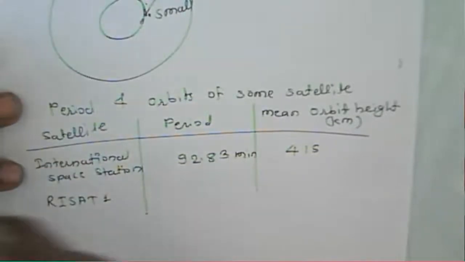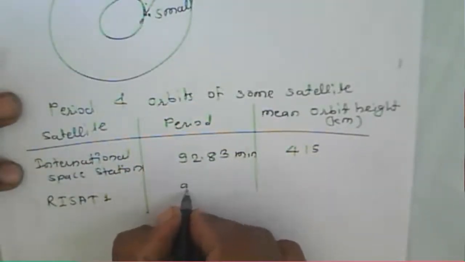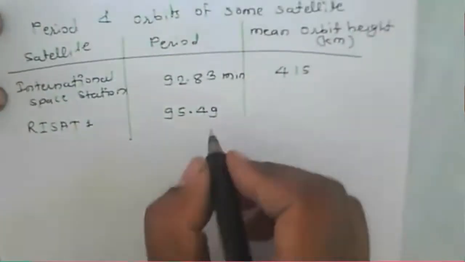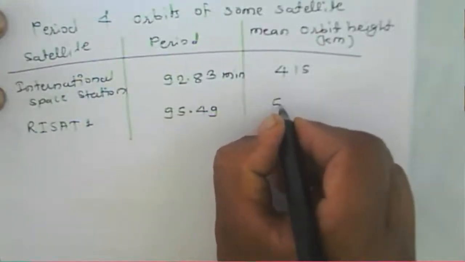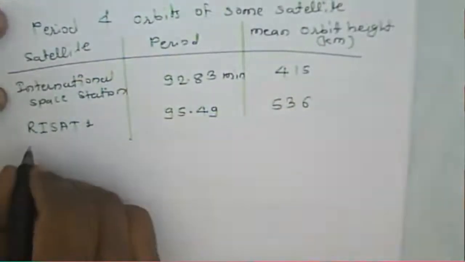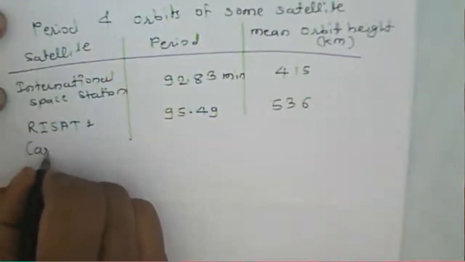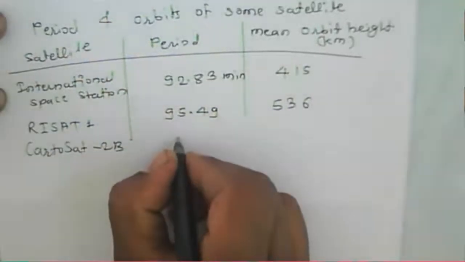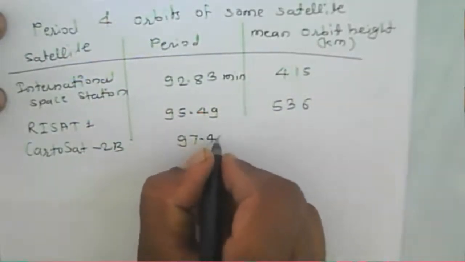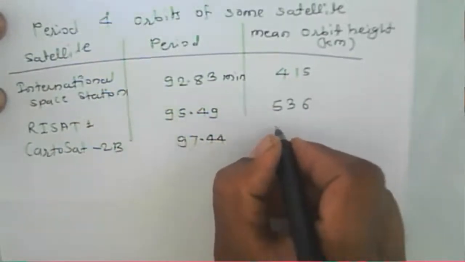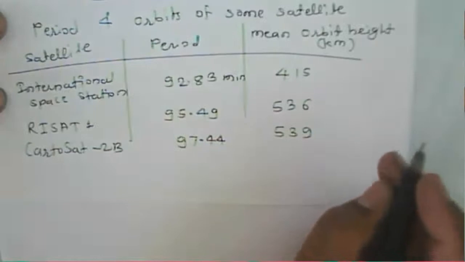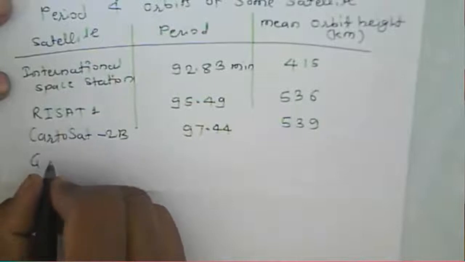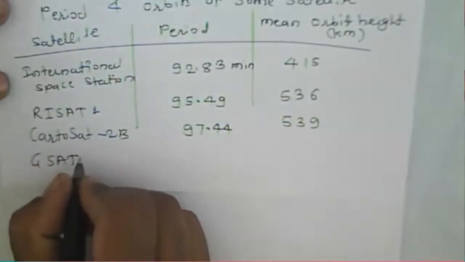Now another satellite, RISAT-1, takes 95.49 minutes for one period, and the height is 536 kilometers. Then Cartosat-2B takes 97.44 minutes, and the height is about 539 kilometers.